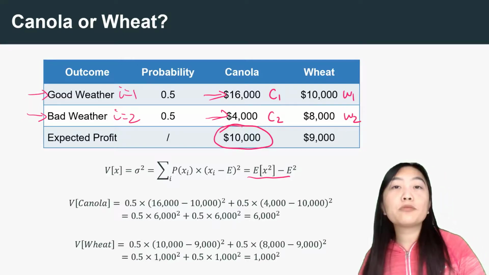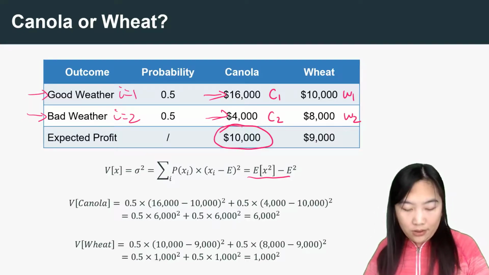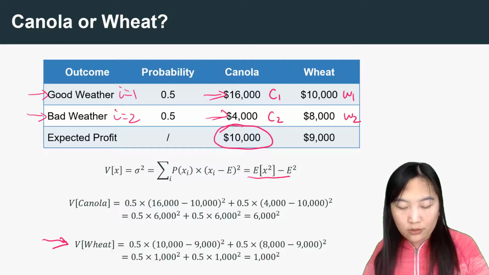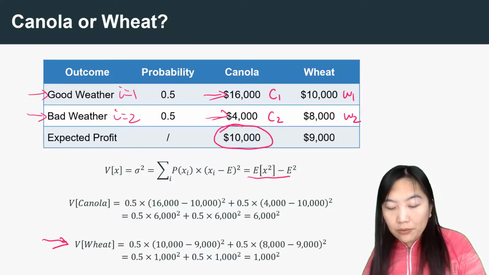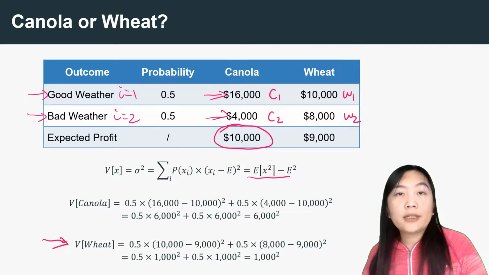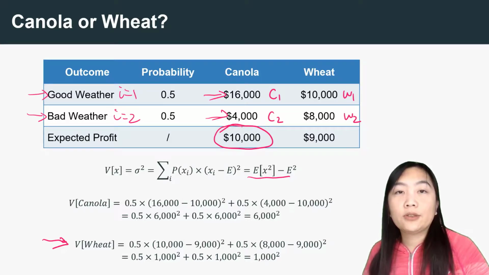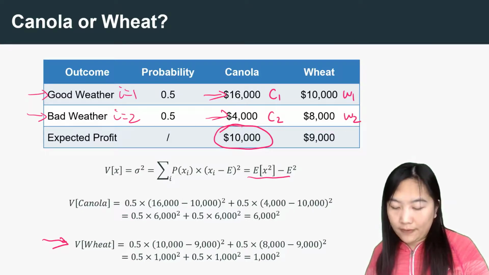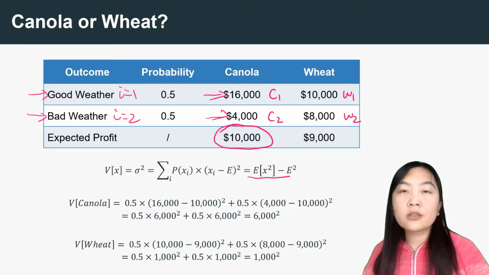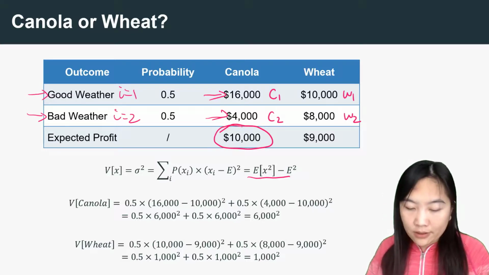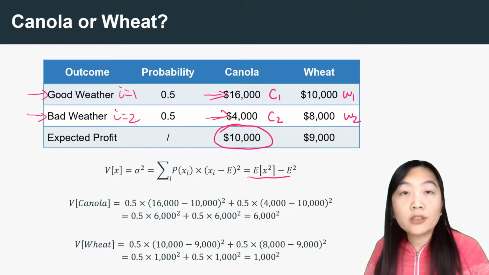One more practice is that you can also calculate the variance for wheat. I will not do the calculations here, but you are welcome to verify this result. You should also try to calculate the variance if the probabilities are not equally likely.